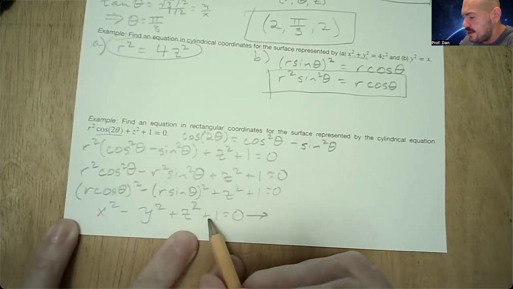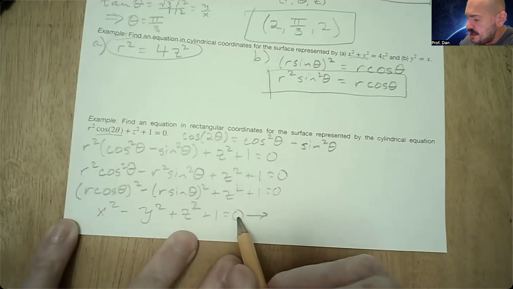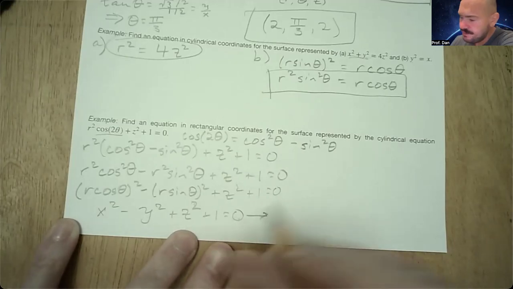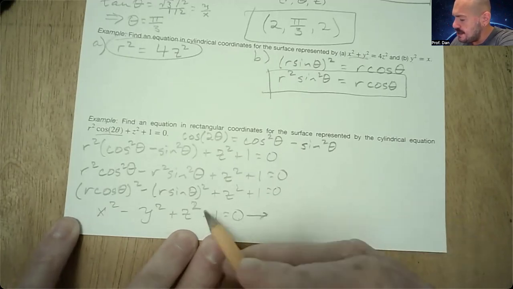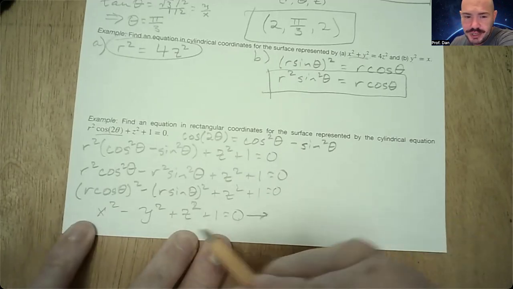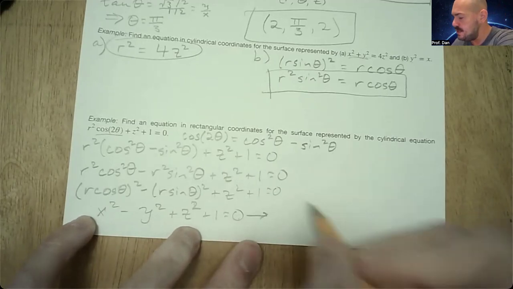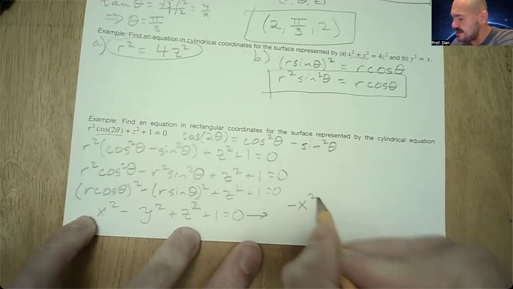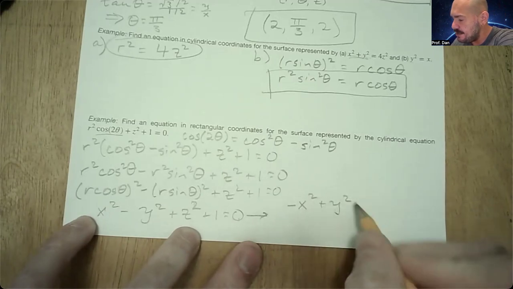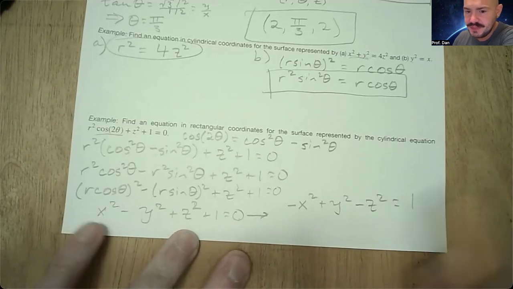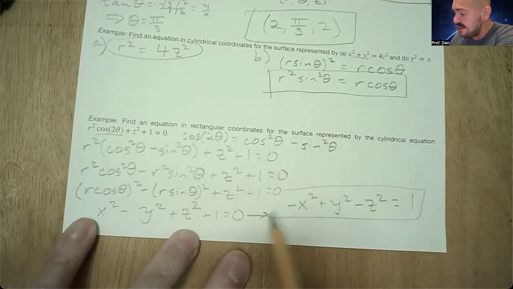Remember how that could work. You would subtract this 1 from both sides, and then you would need to divide by -1 so that the right-hand side is equal to 1. So we would end up getting negative x squared plus y squared minus z squared is equal to positive 1. That would be our standard form.